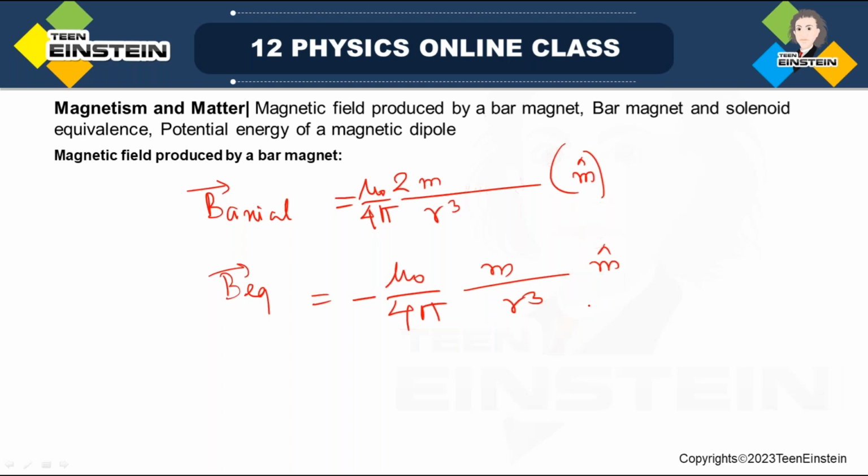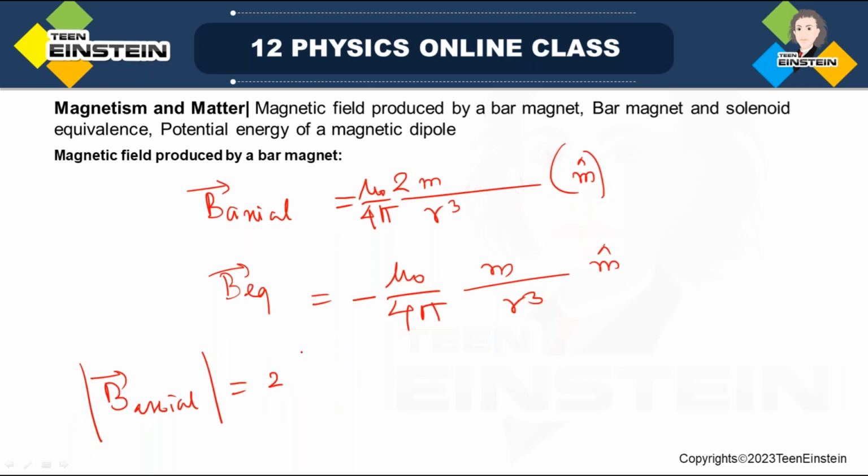So you can see that the magnitude of the axial field will be 2 times the equatorial magnetic field. So sometimes there may be a question: what is the ratio of this?